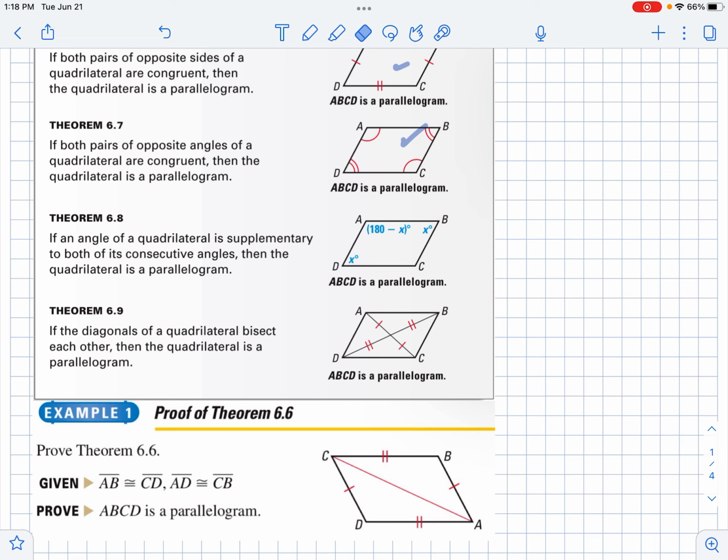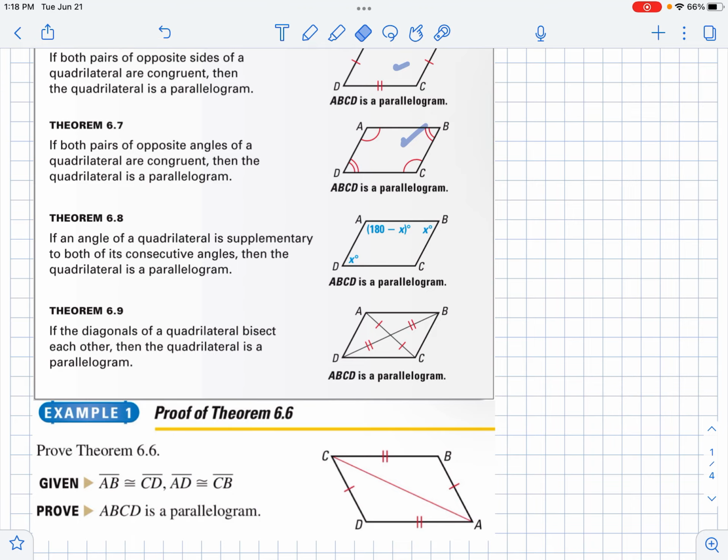And finally, if the diagonals bisect each other, then it's a parallelogram. In other words, if they hit the midpoint of each segment, okay? So AC and DB, they both intersect right at the midpoint of each other.